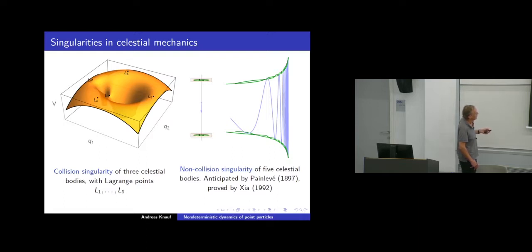Two pairs are all the time in horizontal planes, and roughly speaking, they move on ellipses around their common center of mass, and the center of mass is on the vertical line, and there's a 5th particle going forward and backward and pushes these two binaries in finite time to infinity. So that's an example of a non-collision singularity.